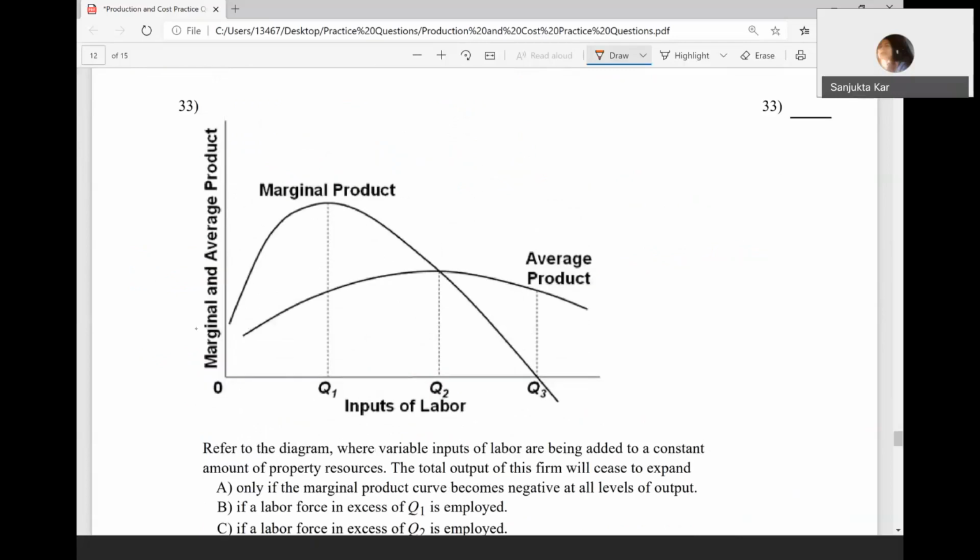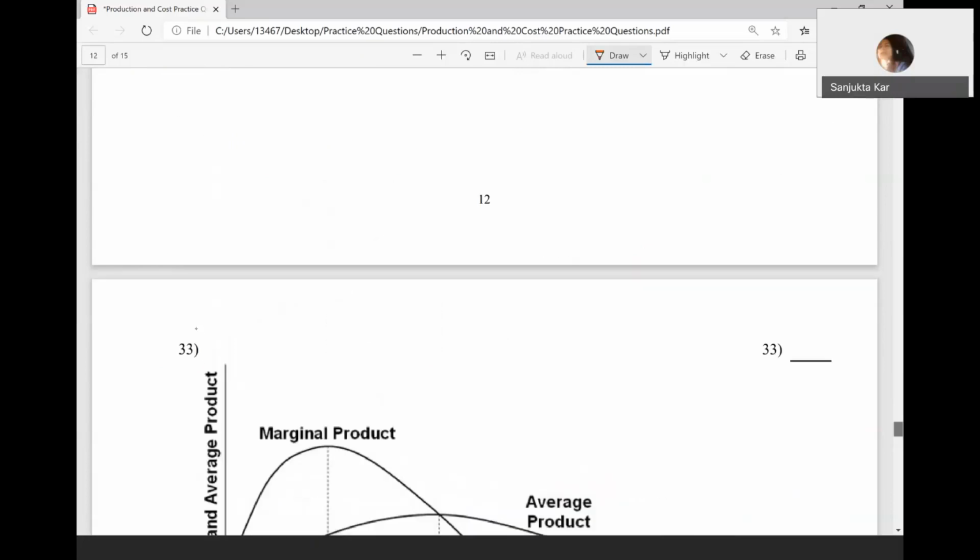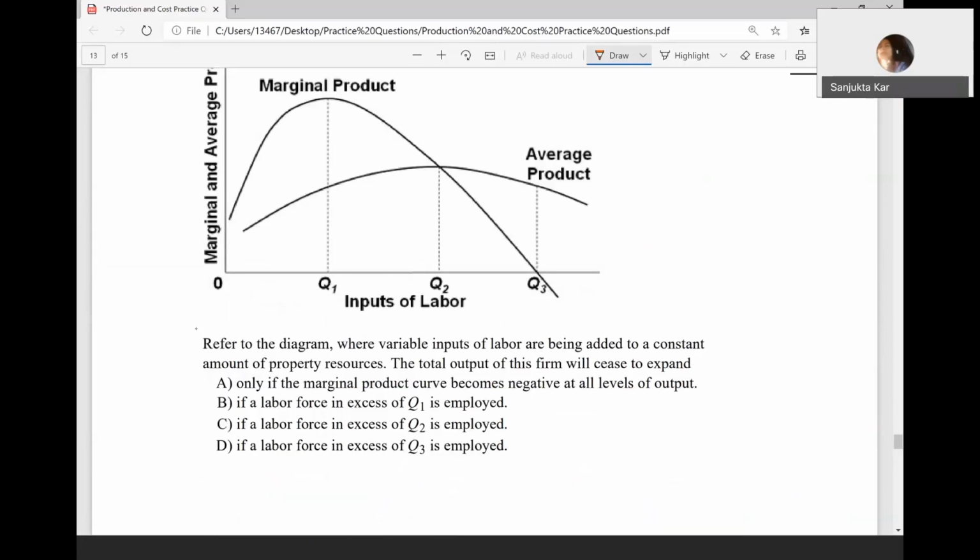Question number 33. Let me pull. Yes, now we can see all the questions. So here I have labor on the horizontal axis, production on the vertical axis. So I want you to notice something.